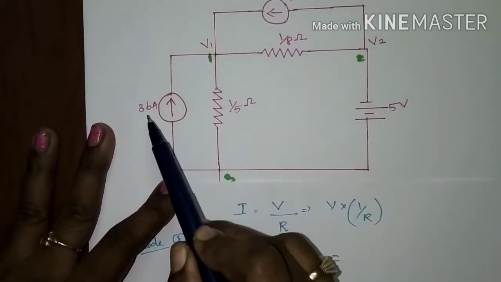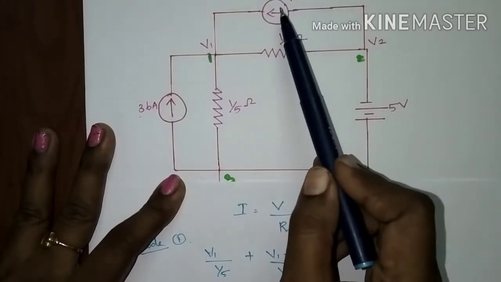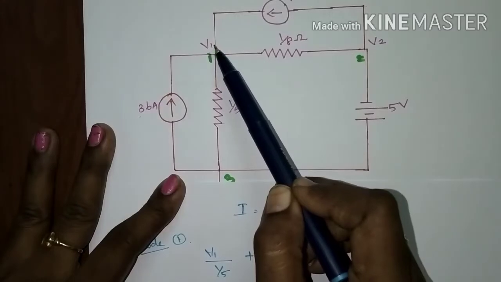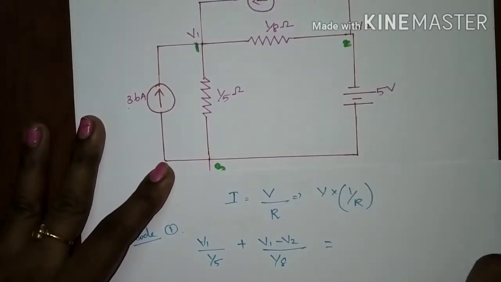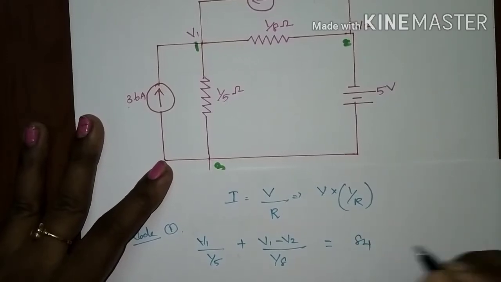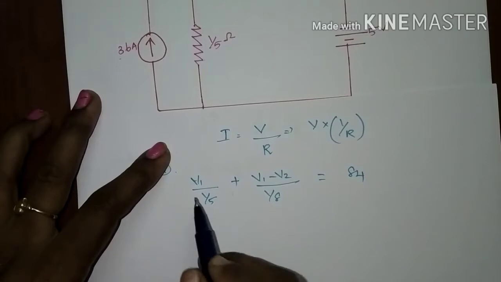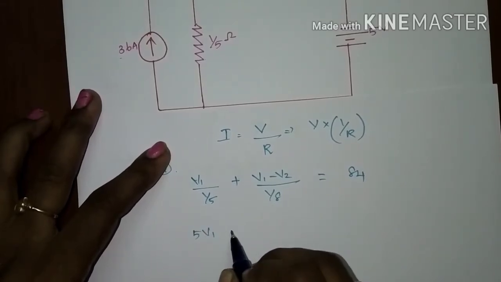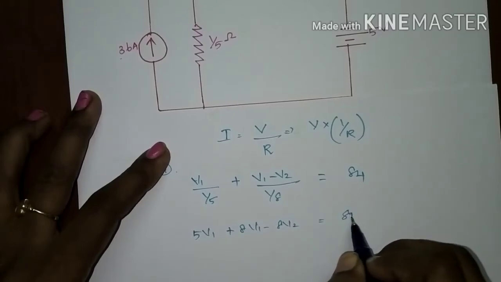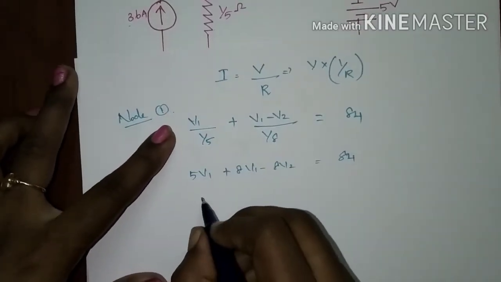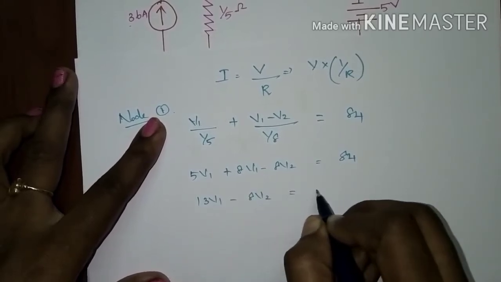The incoming currents are 36 ampere and 48 ampere, so 36 plus 48 gives 84, which is very simple to write. Taking the reciprocals, 5V1 plus 8V1 minus 8V2 is equal to 84. On further reducing, you will get 13V1 minus 8V2 is equal to 84.